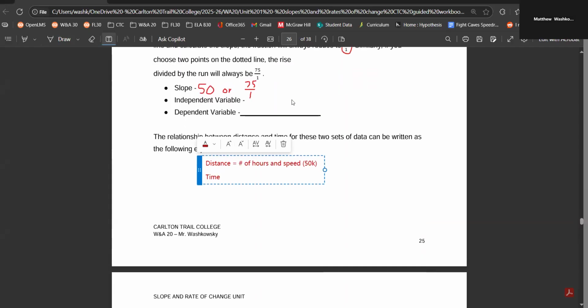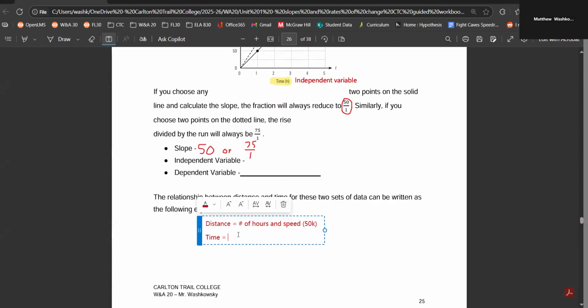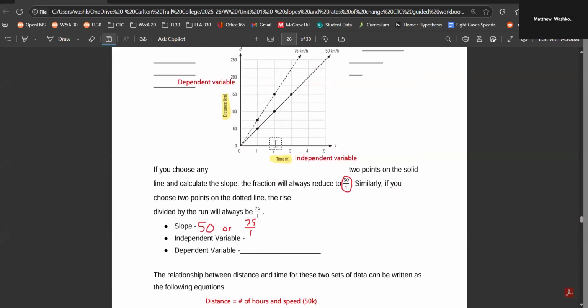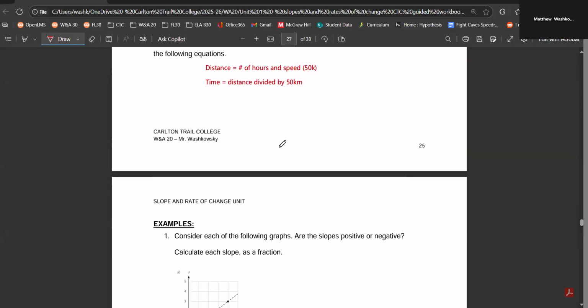Whereas the amount of time I travel is affected by the distance divided by 50 kilometers. So if I want to know how long I've driven if I've gone 200 kilometers at 50 kilometers an hour, well, as I can see there, it's 4. So that's how you can think about that. You can learn information, make equations out of it. We'll deal with equations more.